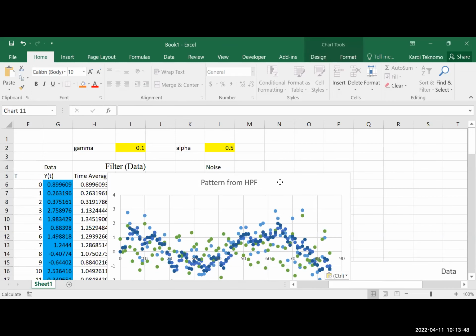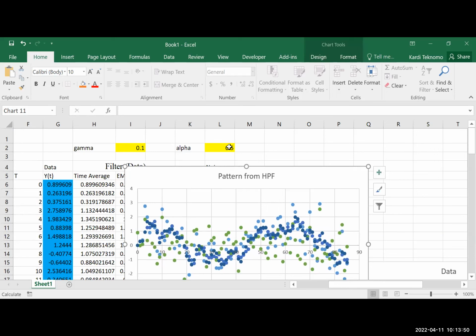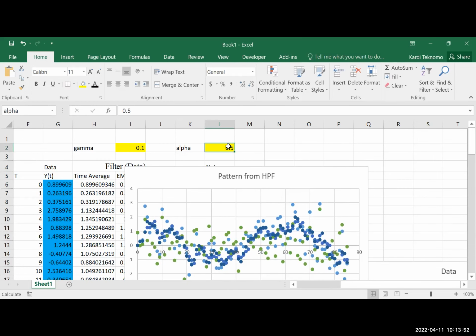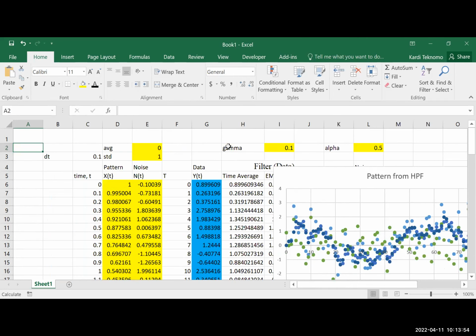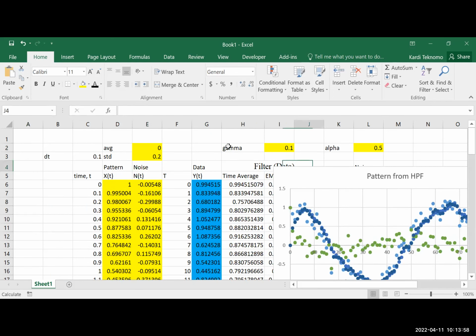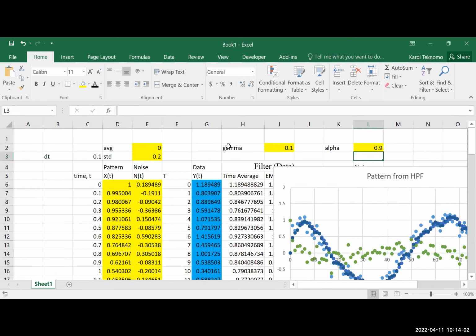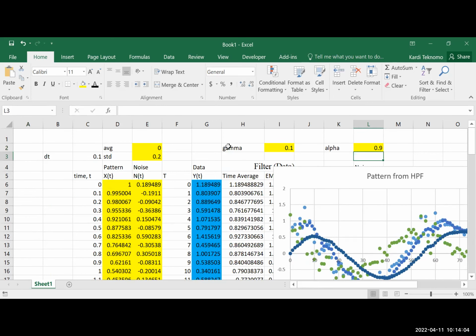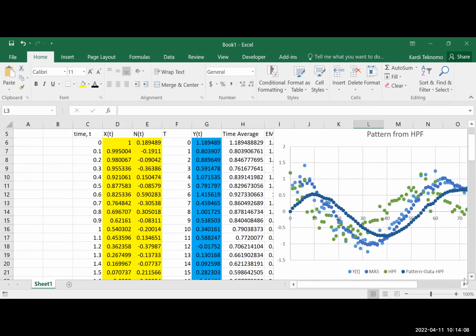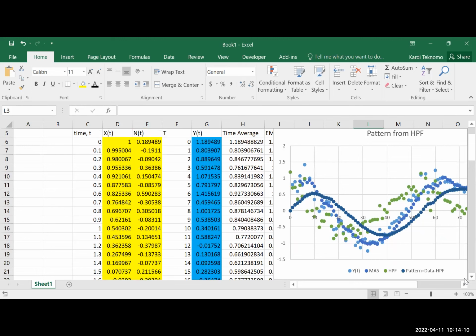Okay, so this is the pattern from the high pass filter. I can change this so that I can see clearly. So 0.2 here, and alpha is 0.9. Okay, now I can get back. MA, where is the MA?